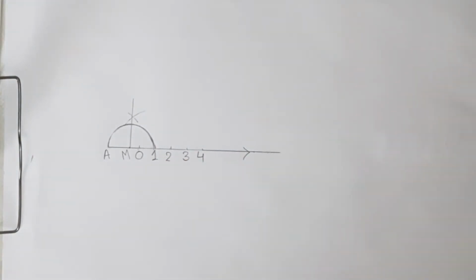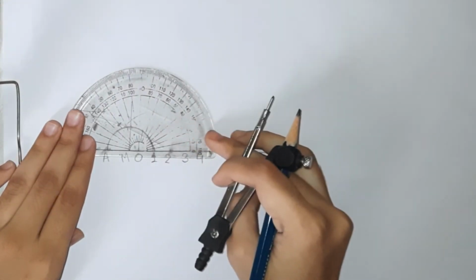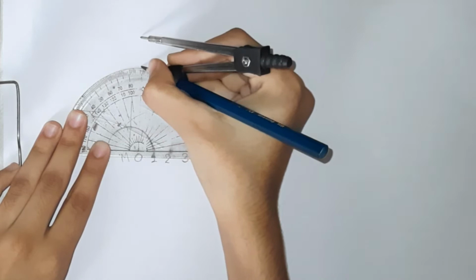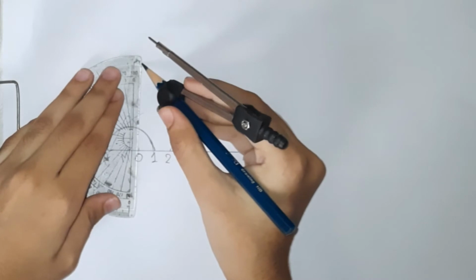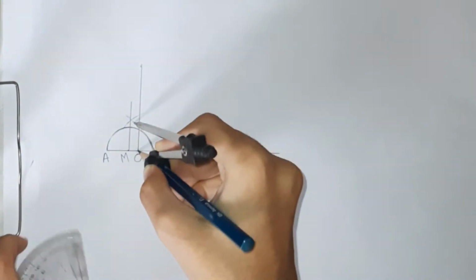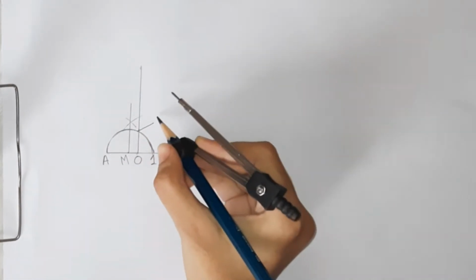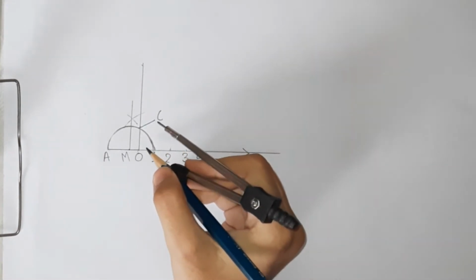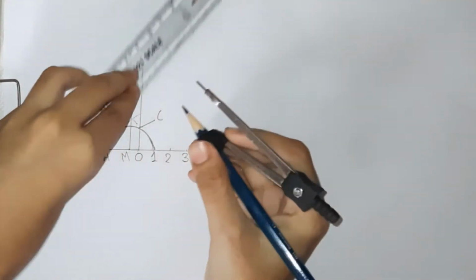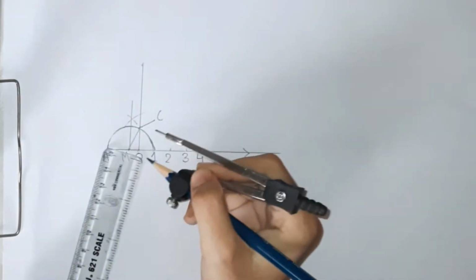Now in the next step, we'll draw a perpendicular to 0. We'll draw a straight line. Now this line cuts this semicircle at this point and we'll name this point as C. Now we will make a right angle triangle by joining M with C. So it would be like this.